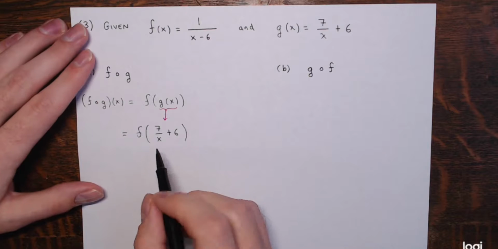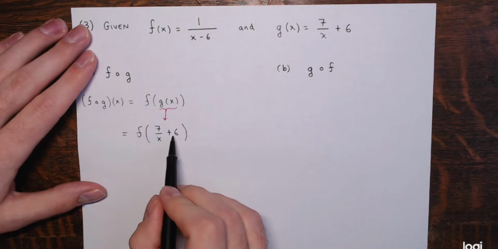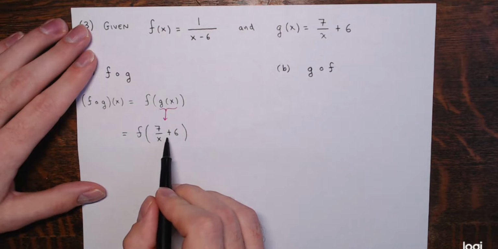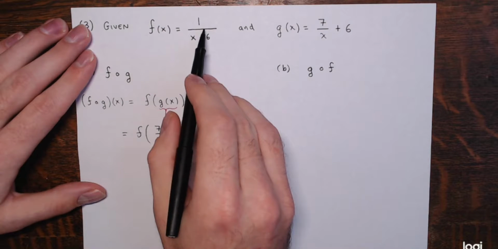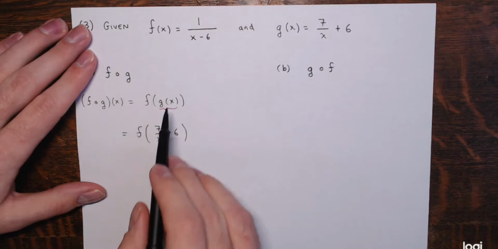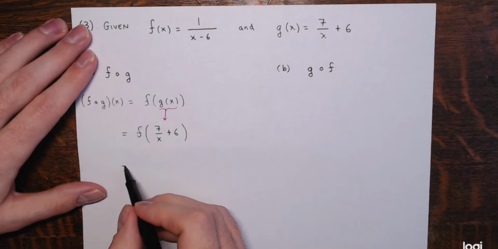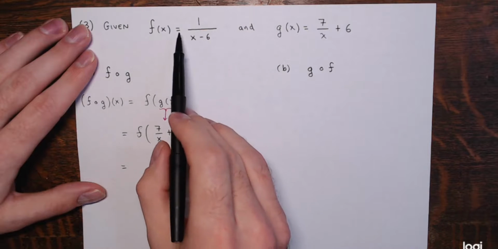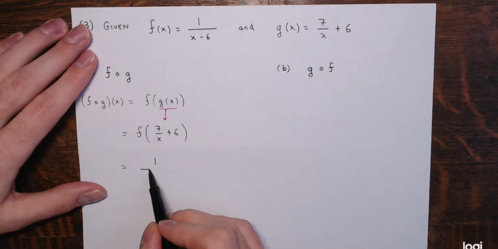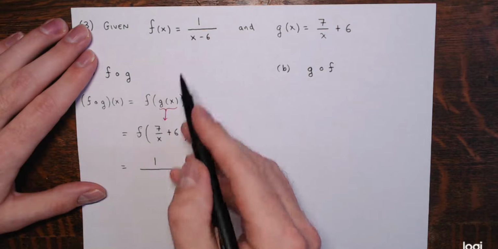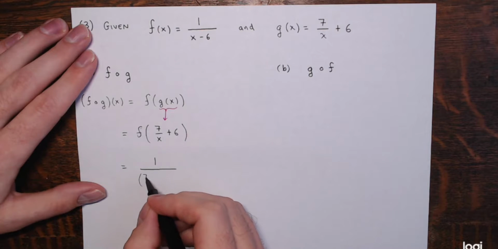So now I'm finding f of this 7 over x plus 6. So basically just go to the rule for f and replace all the x's with this 7 over x plus 6. So that'd be 1 over, and then instead of x, we have 7 over x plus 6.